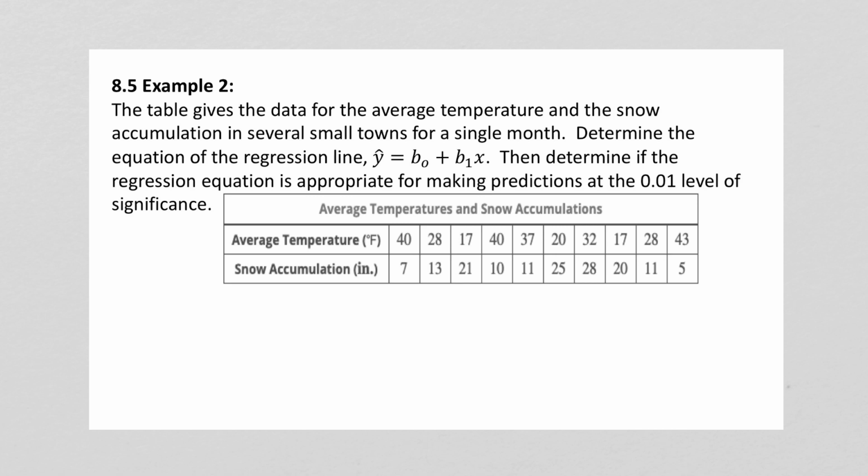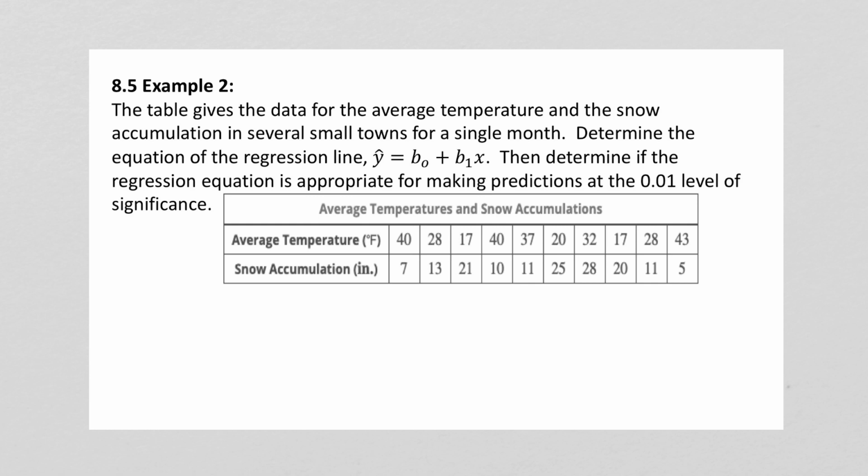And then for example 2, this table gives data for the average temperature and snow accumulation in several small towns for a single month. Determine the equation of the regression line. And notice how it puts B naught plus B sub 1x. That's the same thing as MX plus B, but there's a little catch.